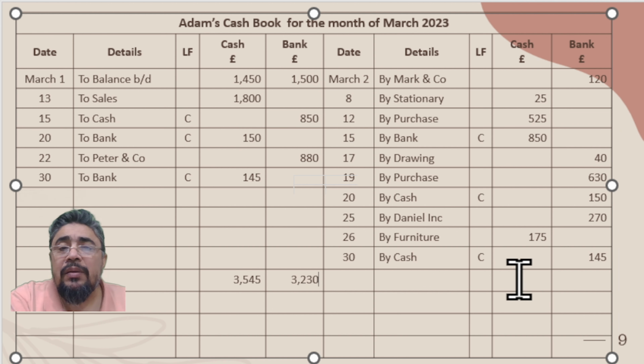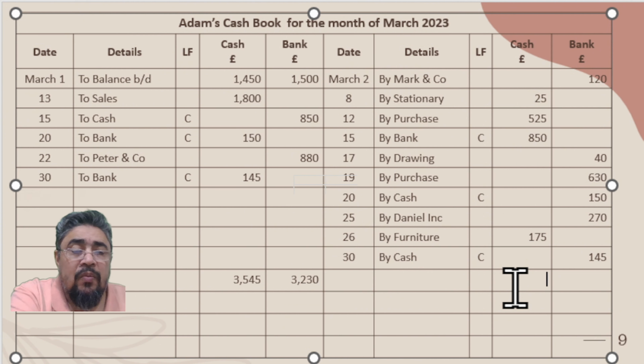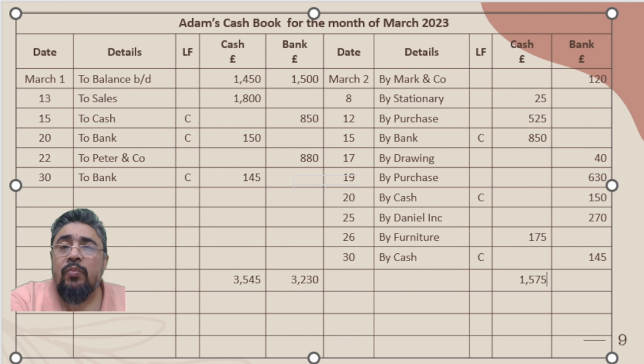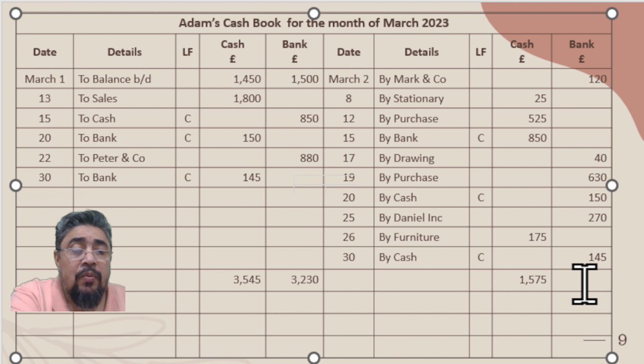And now you make a rough total of the credit side of the cash column, that is 1575, and the credit total of the bank column is 1355.